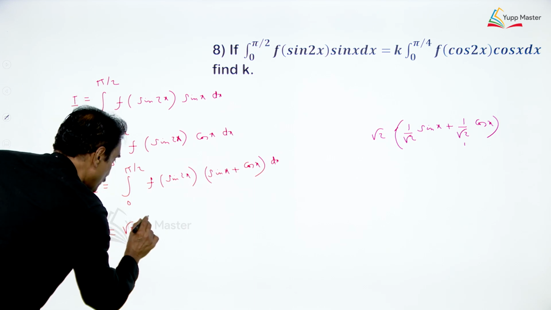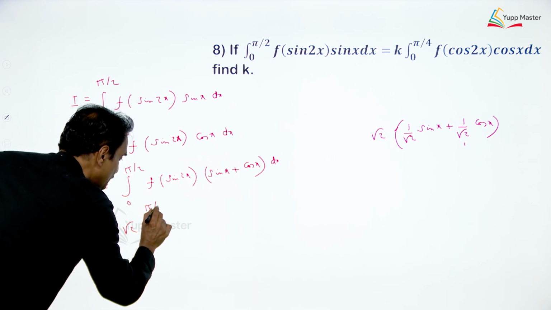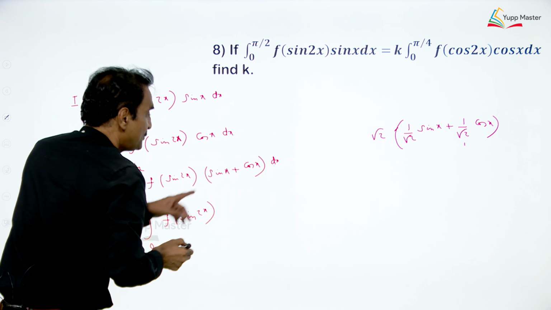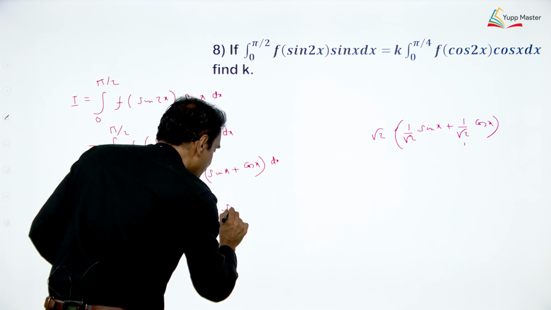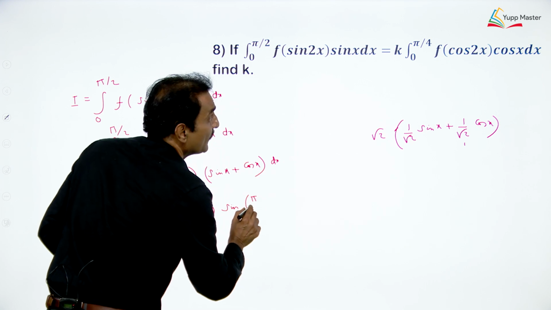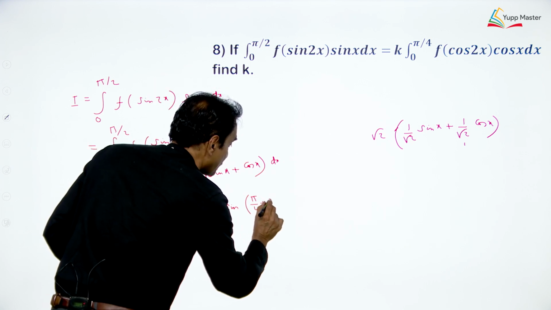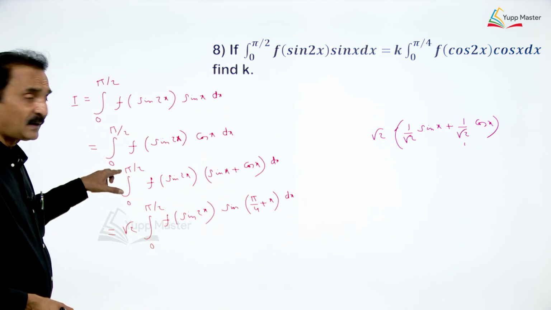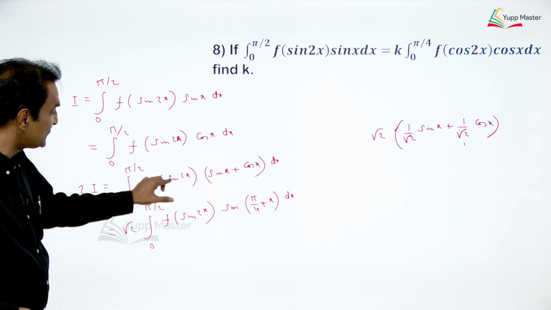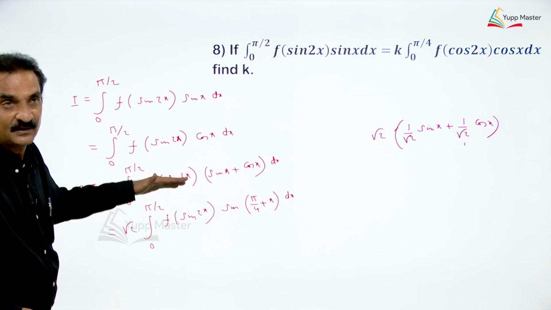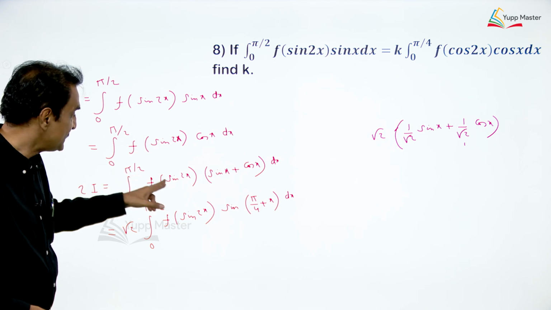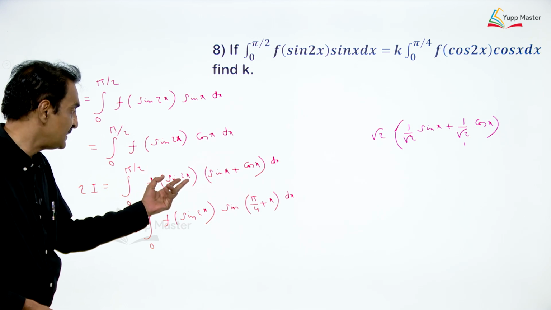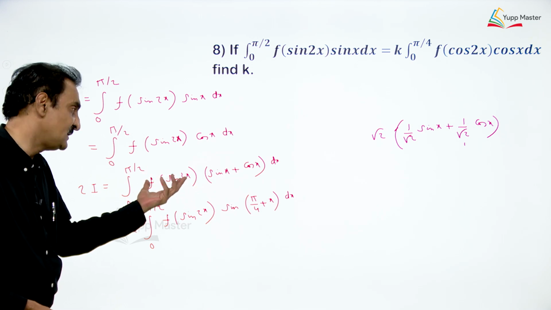So, I am writing it, multiplying and dividing by root 2. You will get root 2 integral 0 to pi by 2 f of sin 2x into sin of pi by 4 plus x. Now, in the previous step, if you replace x by pi by 2 minus x again using the first property, this whole function remains same. f of sin 2 into pi by 2 minus x is same.